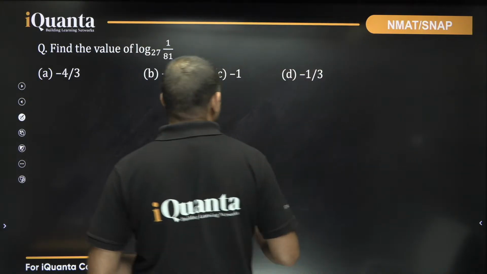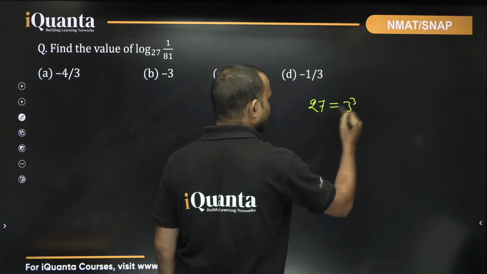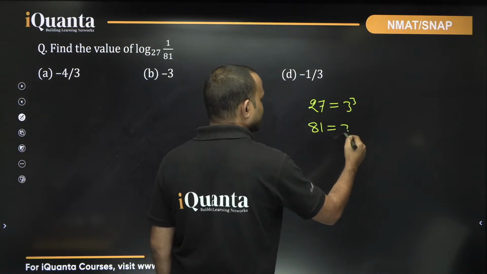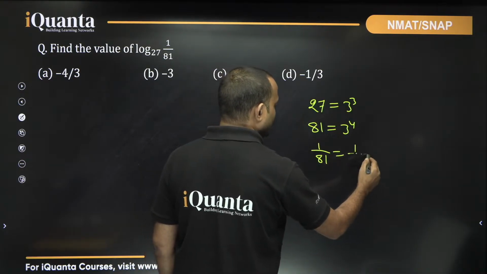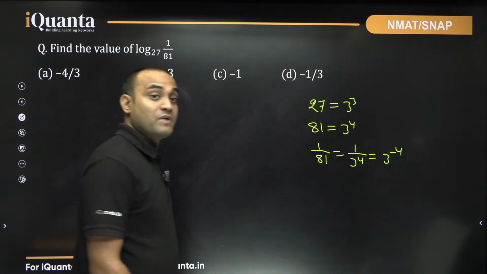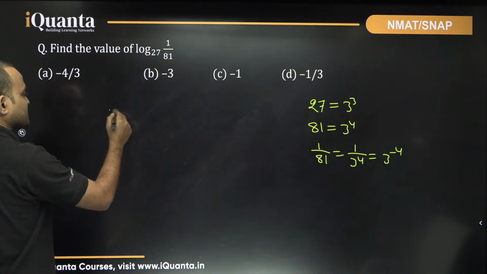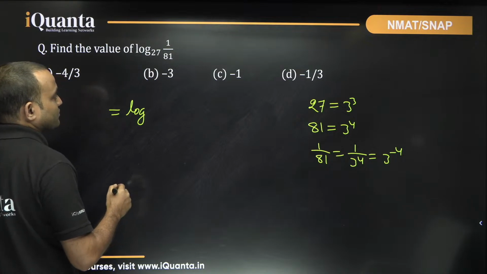So, what do we know? 27 can be written as 3 to the power 3. 81 can be written as 3 to the power 4. 1 by 81 will be equal to 1 by 3 to the power 4, which we can write as 3 to the power minus 4. So this expression could be written as log 1 by 81 to the base 27.